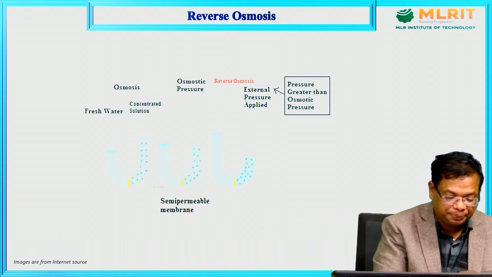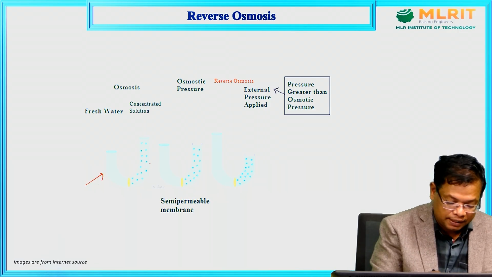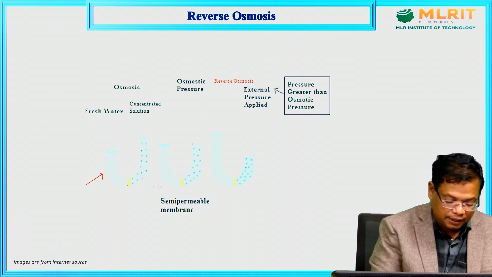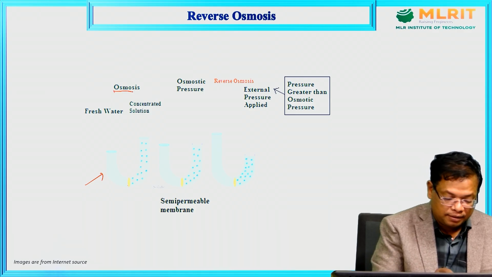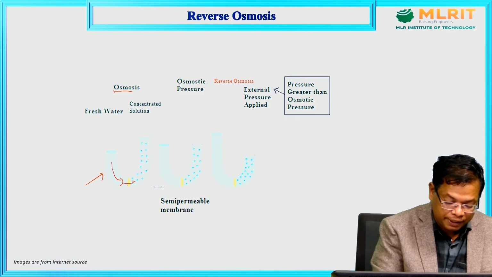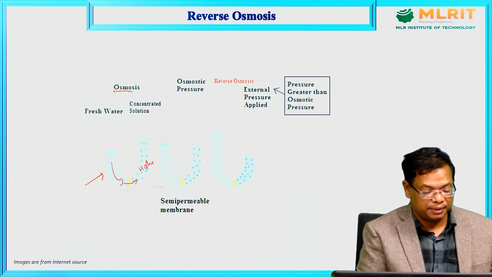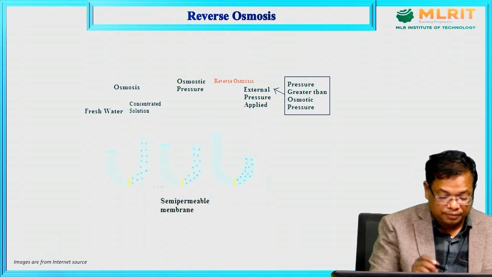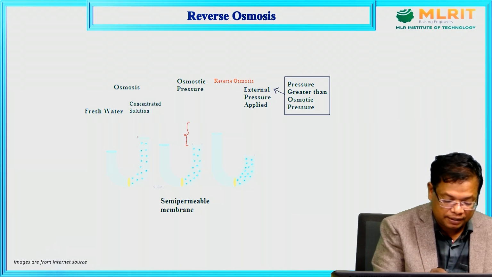See here, this is fresh water, this is a concentrated solution, and the semi-permeable membrane. Then due to osmosis, the fresh water, low concentration, flows through the semi-permeable membrane to the high concentrated solution. This happened because of osmosis, as we know. Then some osmotic pressure will be developed here.